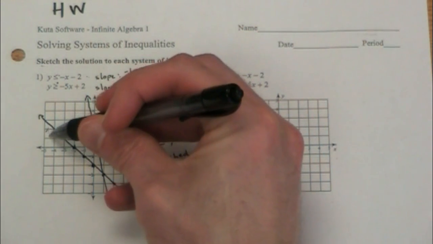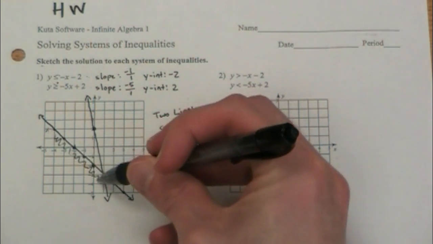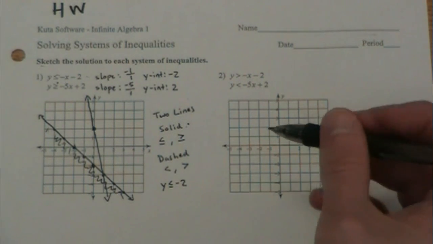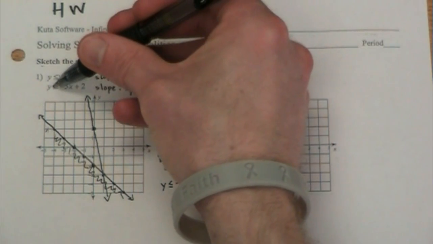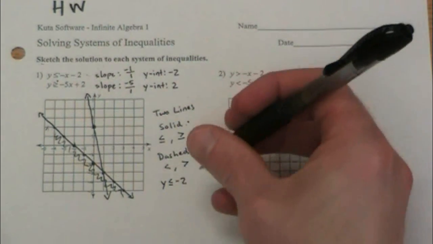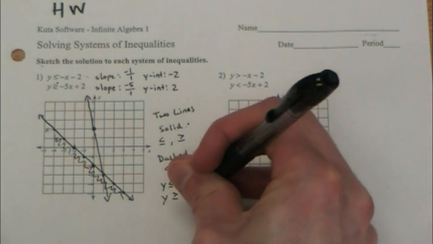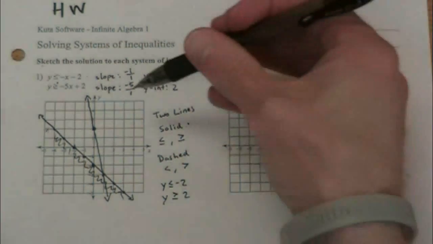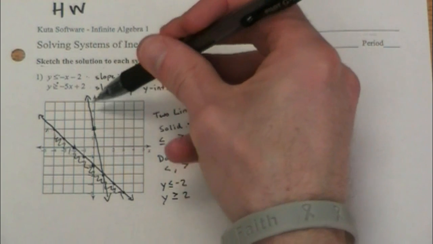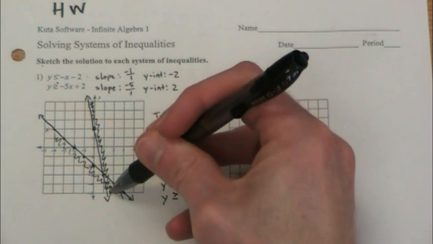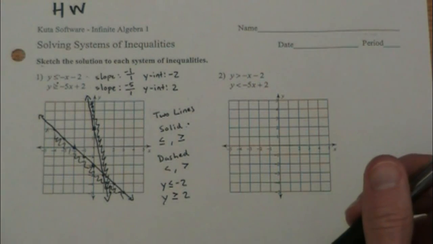You look at your y-intercept and what's less than? Below. So I'm going to make a little shade below the line, just like so. Then I'm going to take the second equation, and we got y is greater than or equal to 2. I'm going to look at that line and that y-intercept and everything above it. So I'm going to shade slightly above everything there, but I'm not going to shade the entire thing.